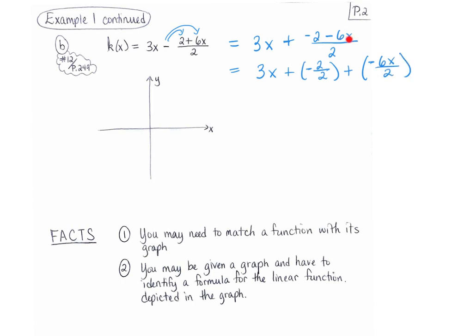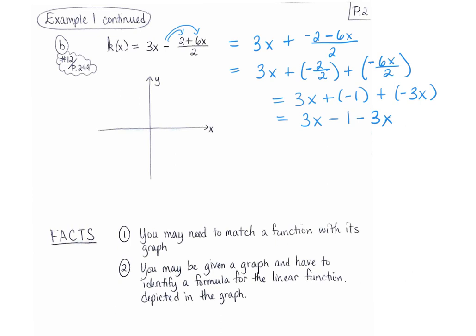Then we can rewrite this as 3x plus negative 2 over 2 plus negative 6x over 2, because we have this combination of terms and we're dividing both by 2. So now this is equal to 3x plus negative 1. You don't have to write plus a negative; you can just rewrite that as minus 1 plus a negative 3x, which we can rewrite as 3x minus 1 minus 3x.